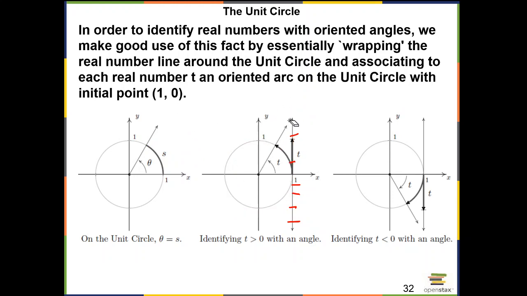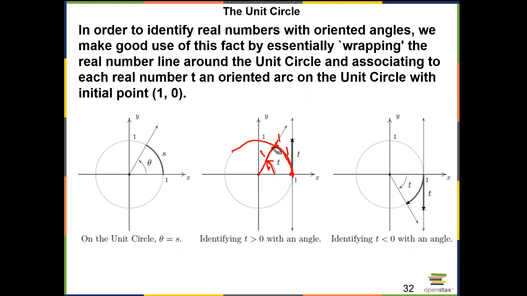So for example, if we are thinking of 1 radian, which is about 57 degrees, then since the radius is 1, the distance is actually 1. That means on this number line, we are really at 1 right here.